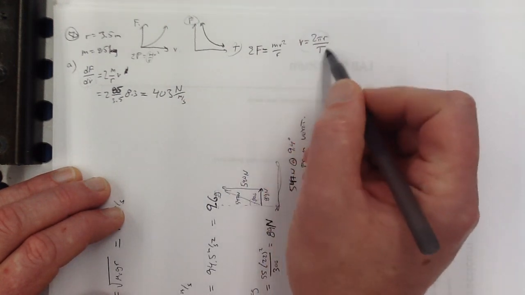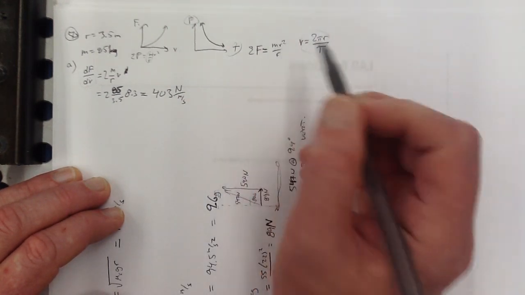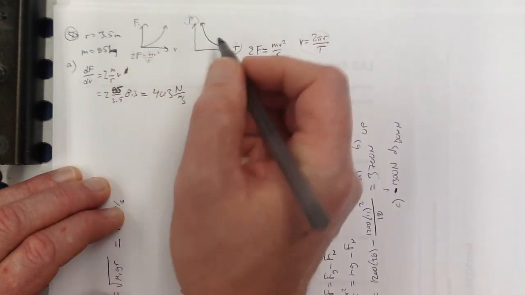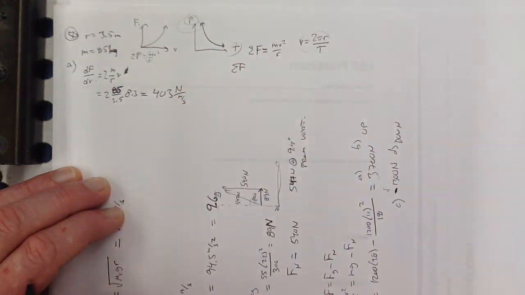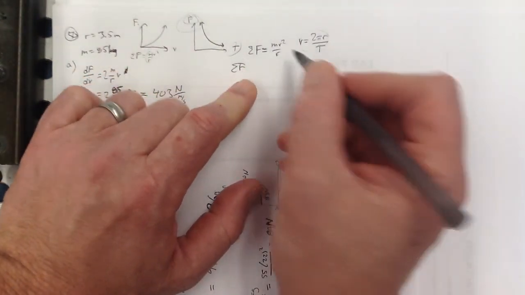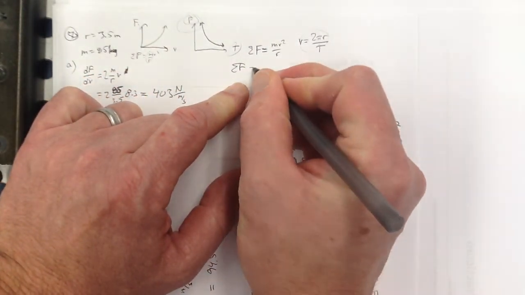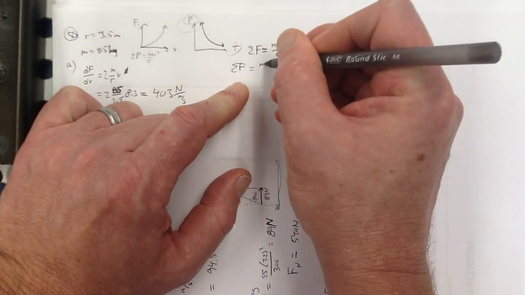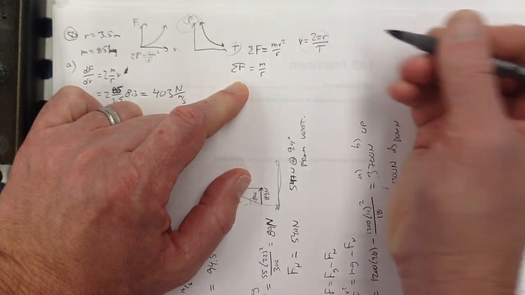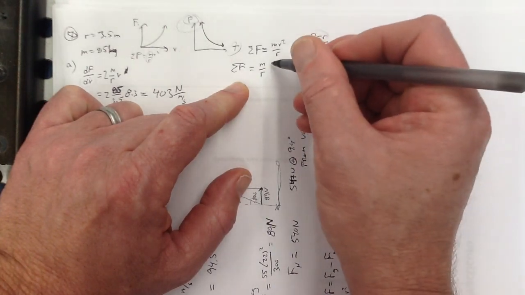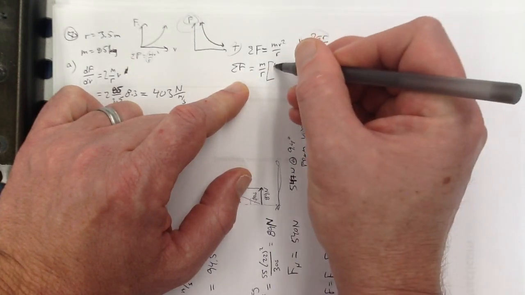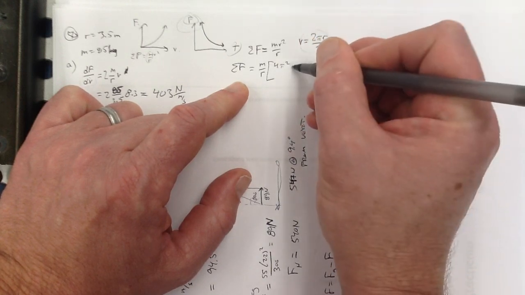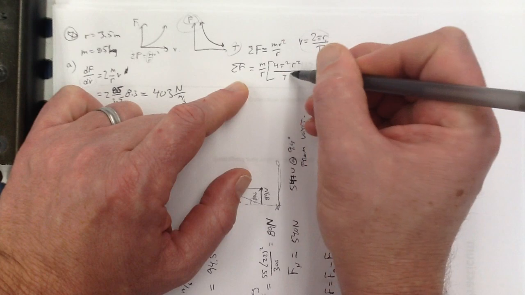So I think I need to substitute this in here if I want to look at this relationship between force and time period. So I've got the m and the r, and then this whole thing squared. So that squared is 4, that squared is pi squared, that squared is r squared, and that's period squared.